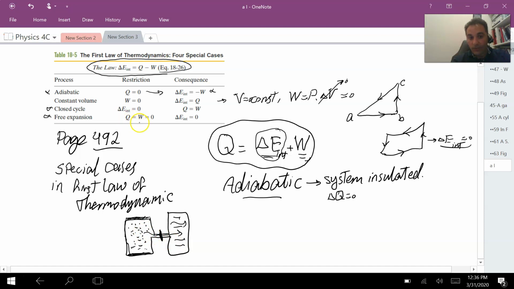So Q and W are both 0. If these are 0, then the change in internal energy is also 0. So really important: you will see case number 1 has a lot of applications in your homework, and case number 3, which is the closed cycle, has a lot of applications.